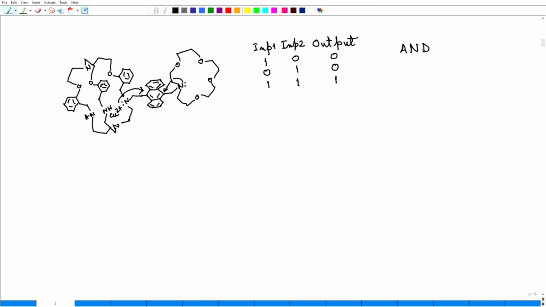And another AND logic, I will show you another AND logic. It need not be all chemicals. Suppose this compound. So, it will be very interesting if you can design your own compound.